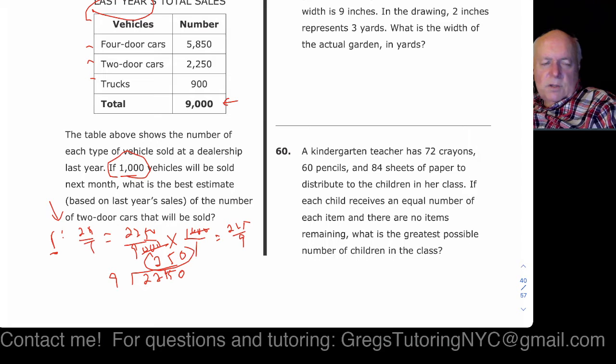Okay, and we can use numeracy and kind of make sense of it. So that means there's 250 two-doors out of 1,000 cars. So if the other original scale that we're using is a 9,000, right, we can do a back of the envelope thing and say, well, if it was 2,000, that's 18.